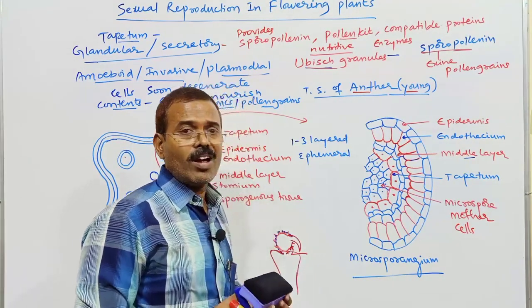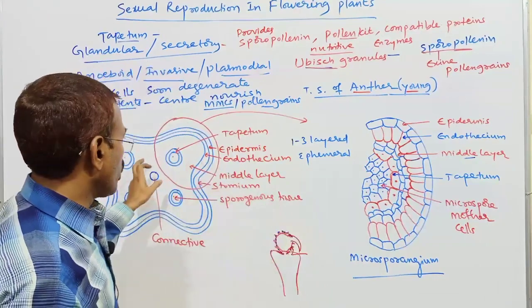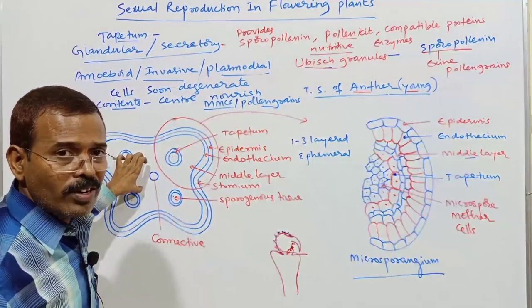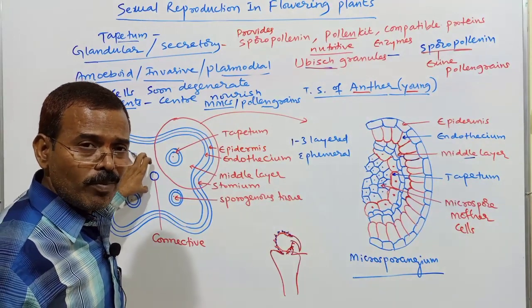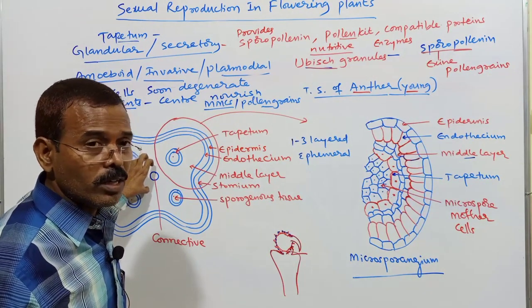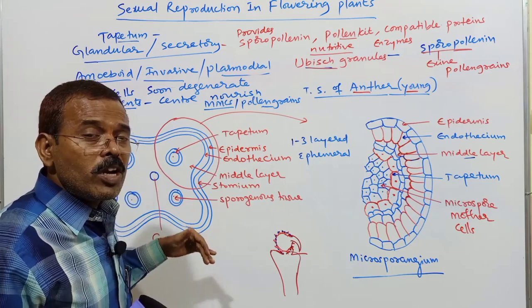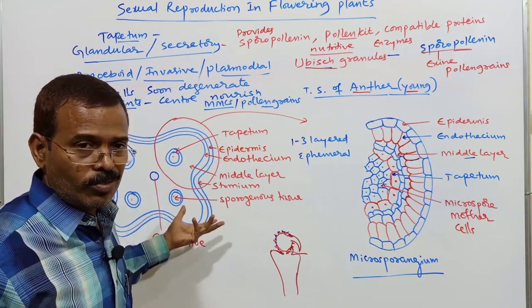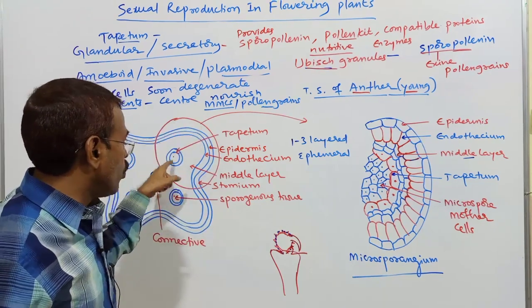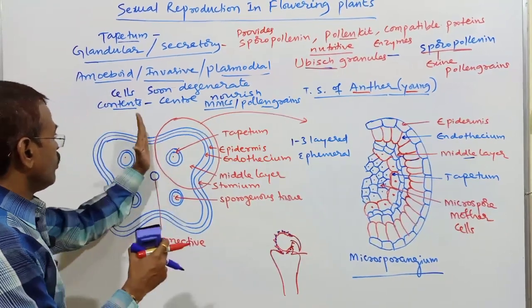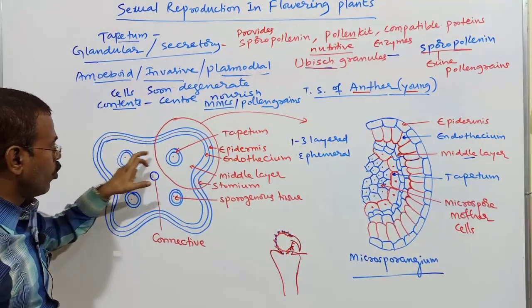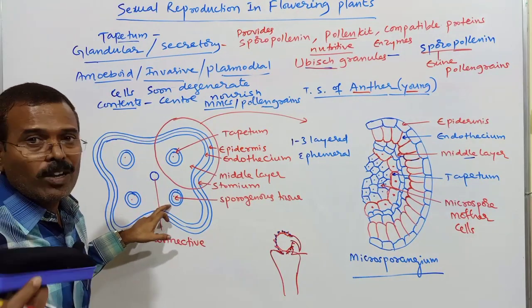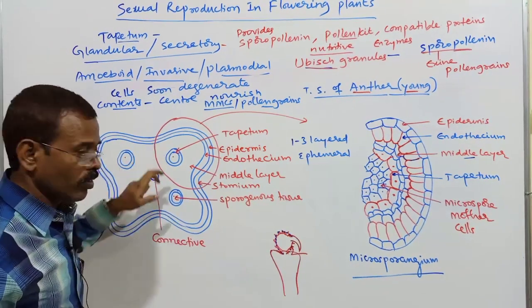When this is asked for 5 marks, you have to draw both these figures. One is a diagrammatic outline of a TS of young anther, which does not show the arrangement of different layers of cells. When it is magnified, one single microsporangium, this is one anther lobe, this is another anther lobe, total 4 pollen sacs or microsporangia are there at 4 corners of the anther.